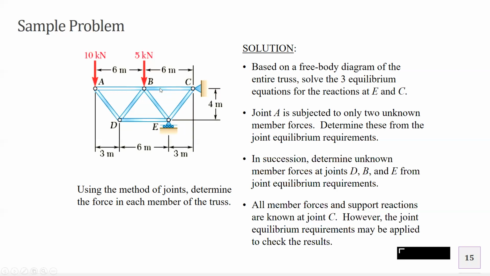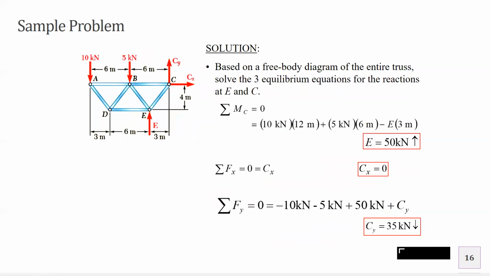Whatever member BC is at B, it's the same at C. And EC is the same as CE. So we're going to find those forces, and then at point C, you can basically check to see if the results are correct.